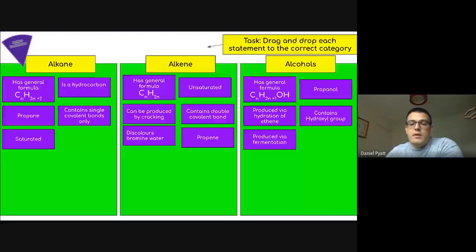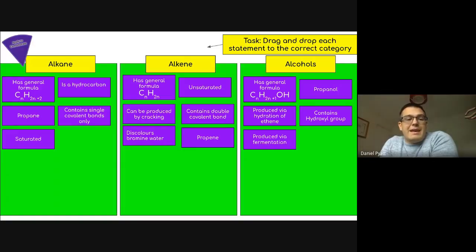Okay, and moving on. So last activity here was to review each of the first 3 main functional groups we covered: alkanes, alkenes, and alcohols, and just make sure we've got all the key information about them that we have covered. So you've got the general formula for each one.